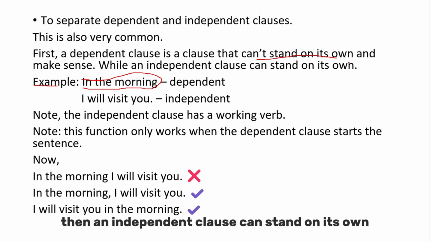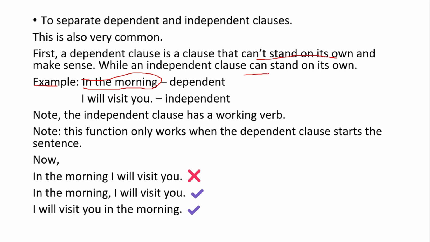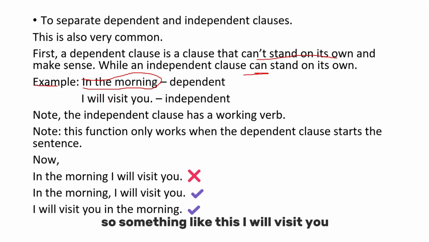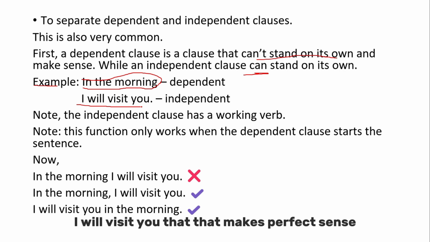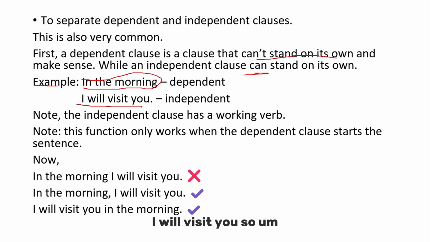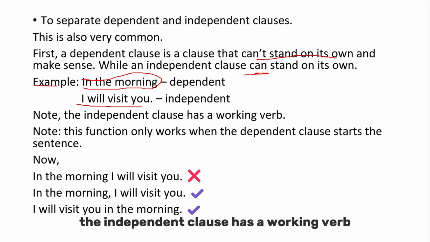Then an independent clause can stand on its own. So something like this: "I will visit you." "I will visit you" can stand on its own. You can walk up to someone and say, "I will visit you." That makes perfect sense. The independent clause has a working verb.